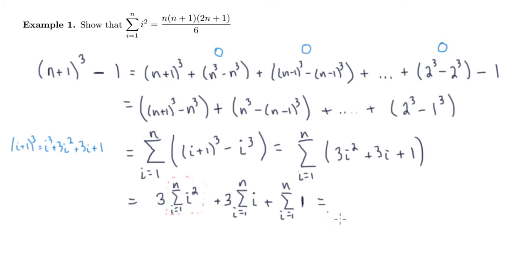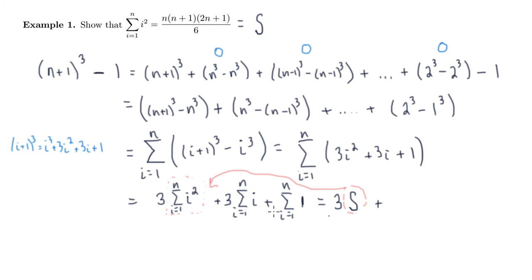And so what we get here is 3 times, let's call this sum we're looking for s. So 3 times s, so this thing is s right here, because that is what we're looking for, like I said.